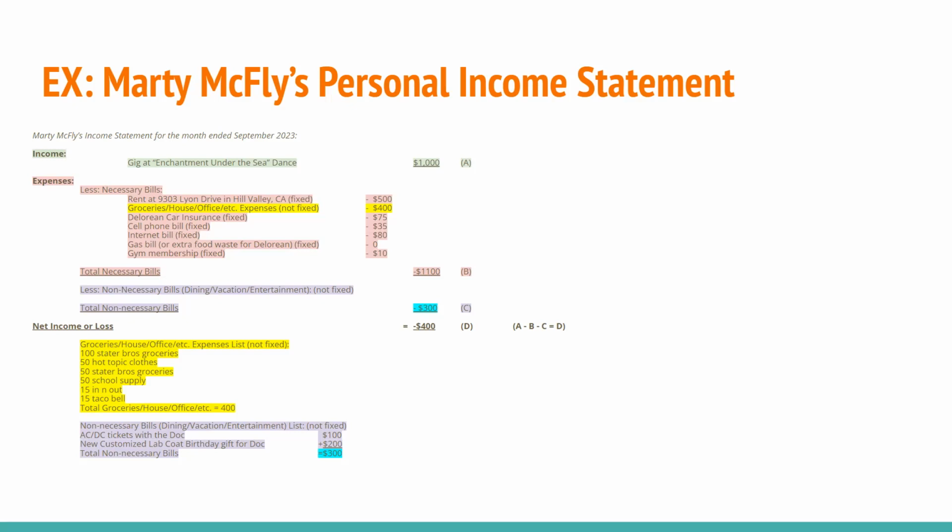Obviously it is, but $100 could add up, right? If Marty McFly didn't report all these expenses, how is he going to keep himself accountable? Right? So now he learned something from this. He could see that he lost money this month. So he could do two things: have more income or have less expenses, right?